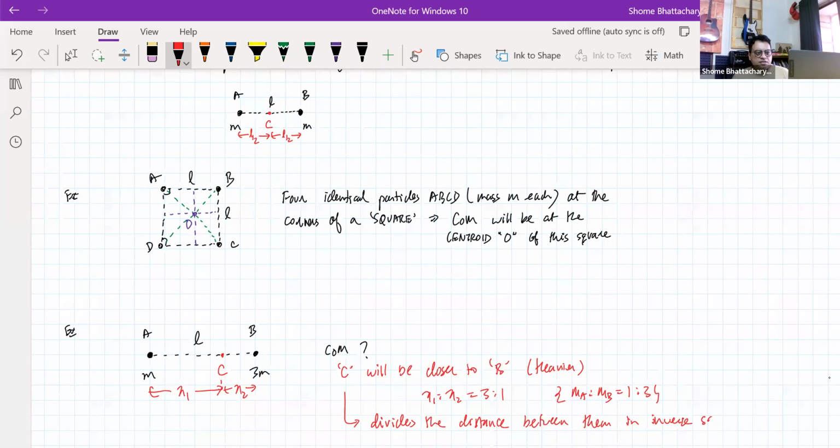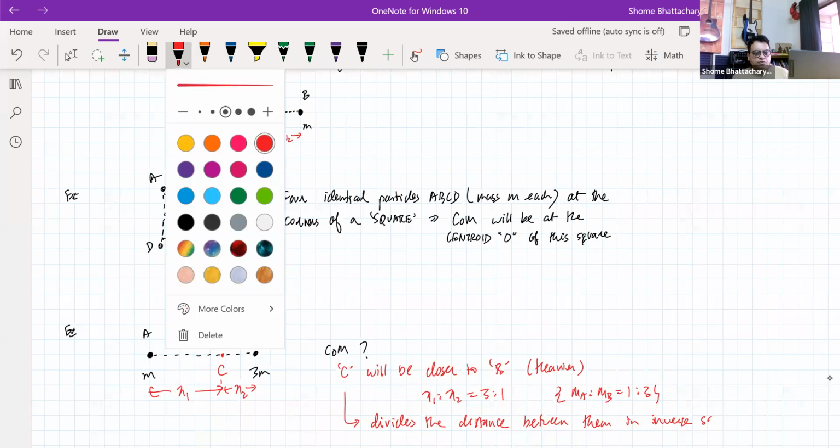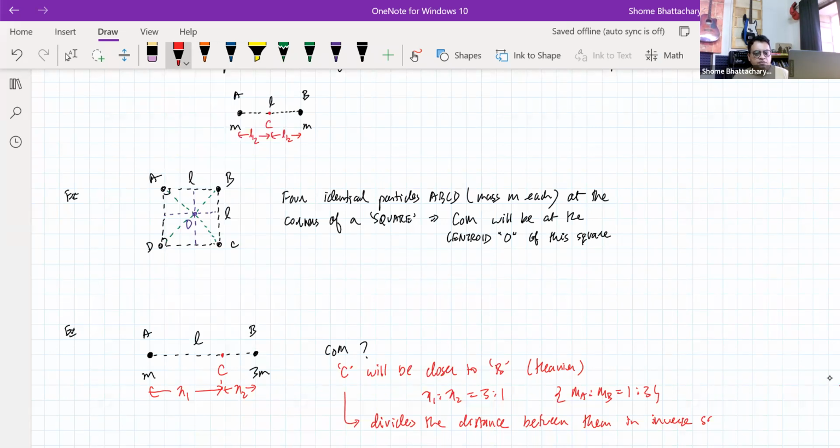It divides the distance between these two particles, in the case of a two particle system AB, in inverse ratio of their masses.